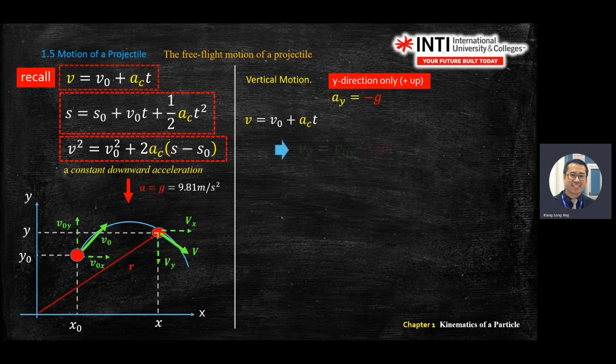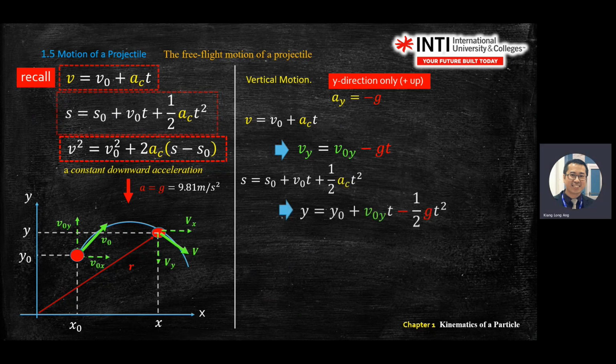So this becomes Vy equal to Voy minus gt, because the acceleration is negative now. Why negative? Because the direction goes down, and you defined y positive going up. Important: always define your principal axis before you start.